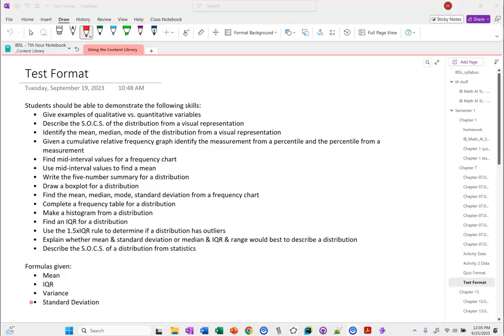Given a cumulative relative frequency graph, identify the measurement from a percentile, or given the percentile from the measure, or use the measurement to get a percentile. Which is what you did on quiz 1, right? They just passed back. Basically just tracing from the x up to the y, or from the y down to the x.